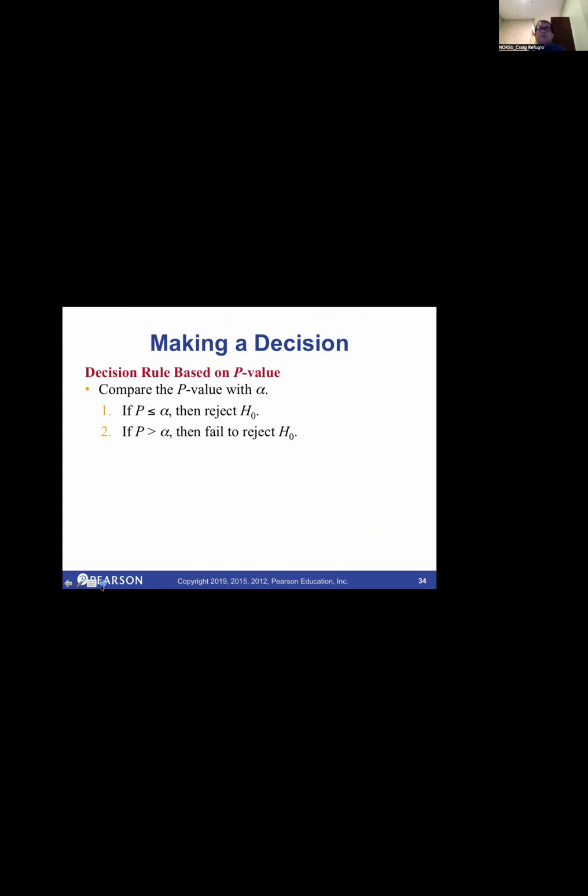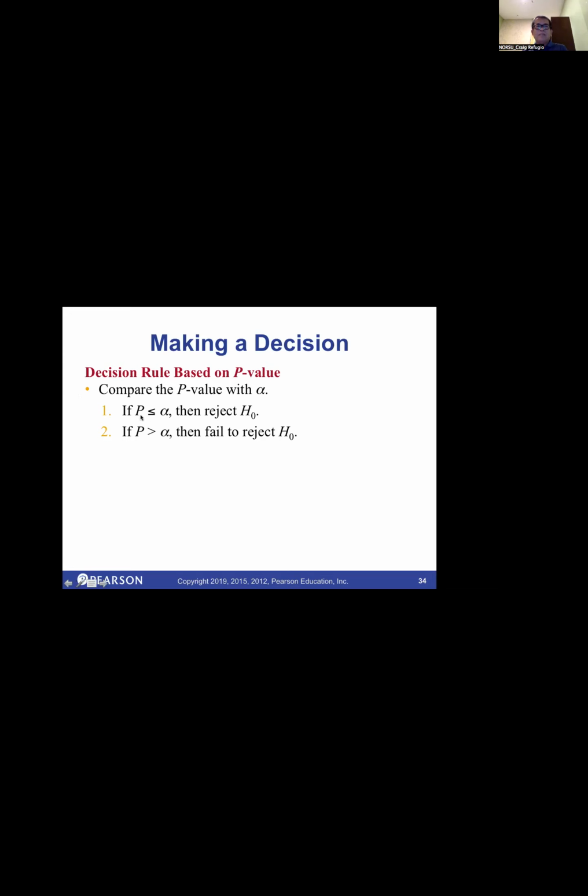And how are we going to make the decision? As I mentioned earlier, at the end of the hypothesis test, you are going to reject HO or fail to reject HO. So we have two templates.